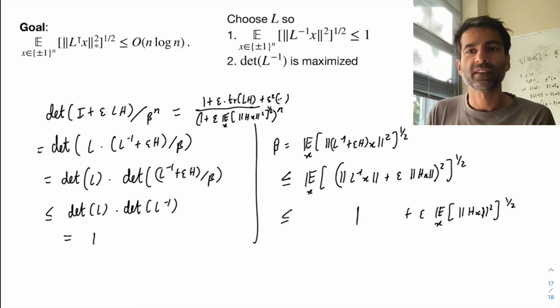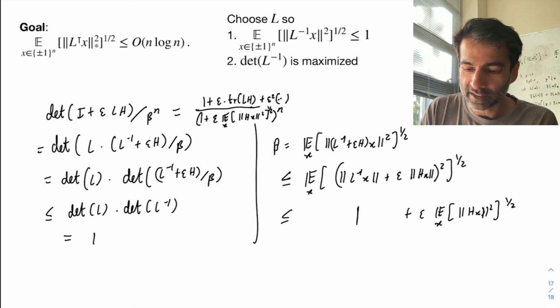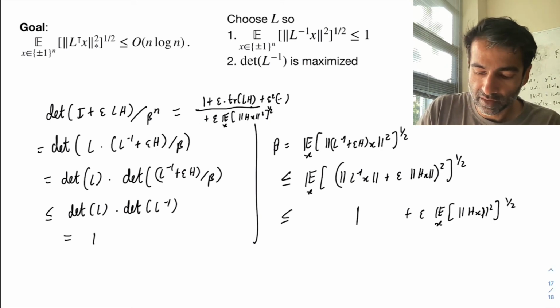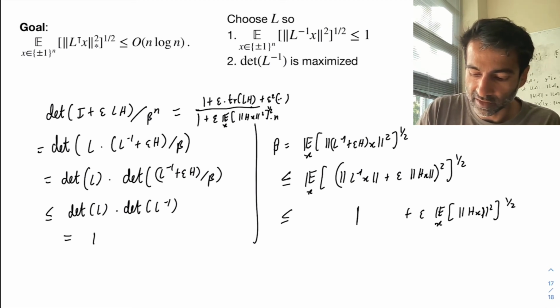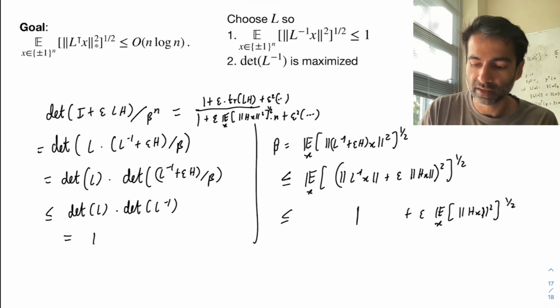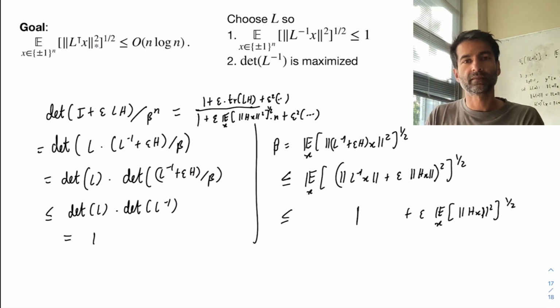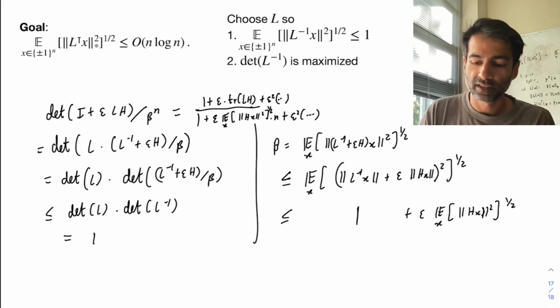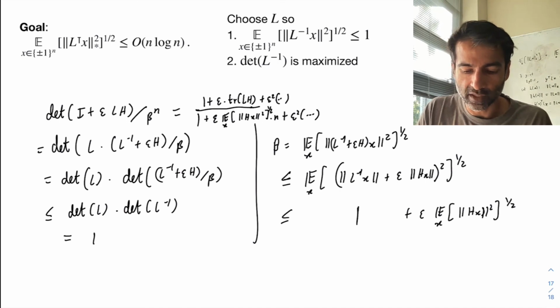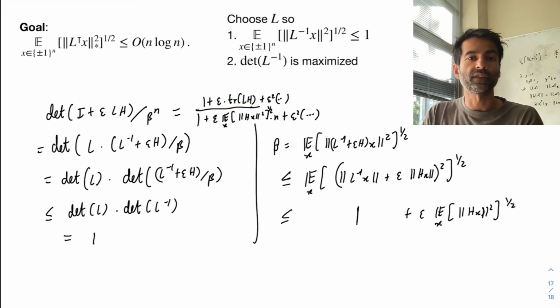And so the coefficient of epsilon in the denominator is just n times this quantity, plus some epsilon squared terms. And that means this whole quantity is bounded by 1. So it has to be the case that the trace is smaller than this number. Otherwise, for a very small epsilon, you'll get a quantity that's larger than 1.